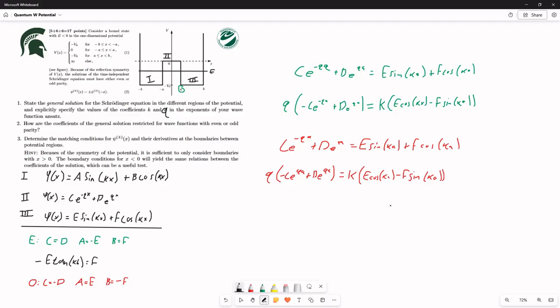Just mentioning again for some clarity, we can also rewrite some of these exponential terms. So we know for the even one, this would be a hyperbolic cosine, and that would then make this one hyperbolic sine. And for the reverse case, we have hyperbolic sine, and that would then change this to hyperbolic cosine.